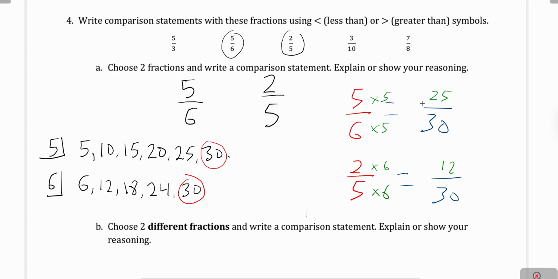So 5/6 actually turned out to be 25 out of 30. And 2/5 turned out to be 12 out of 30. So you can see how 25/30 is bigger than 12/30, such that 5/6 is greater than 2/5.